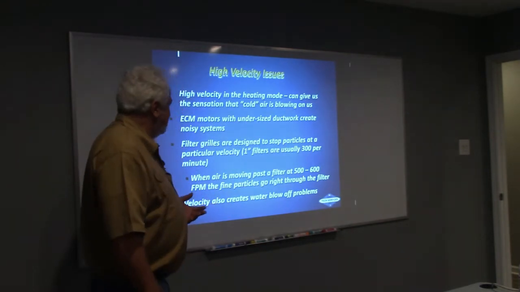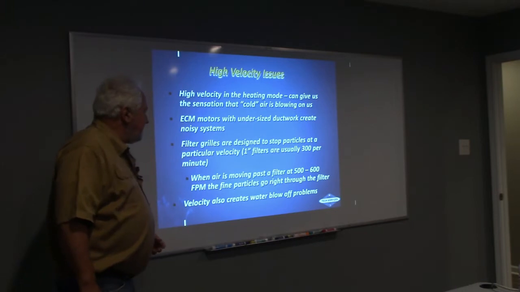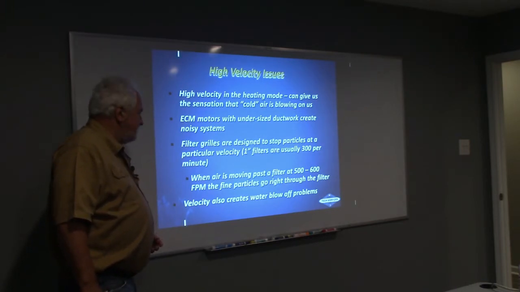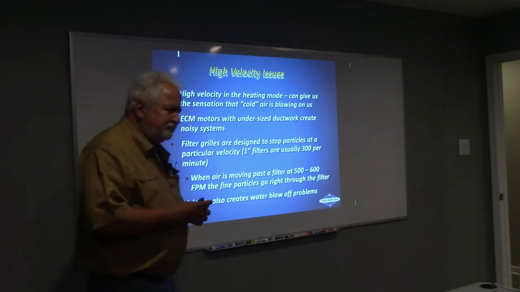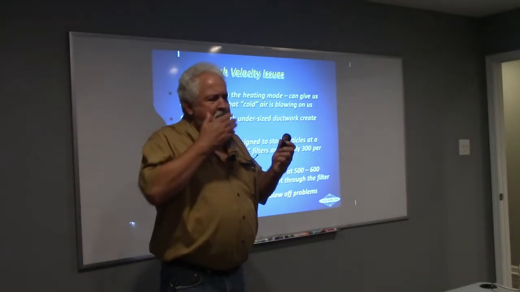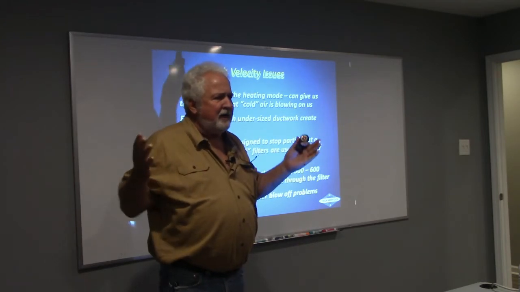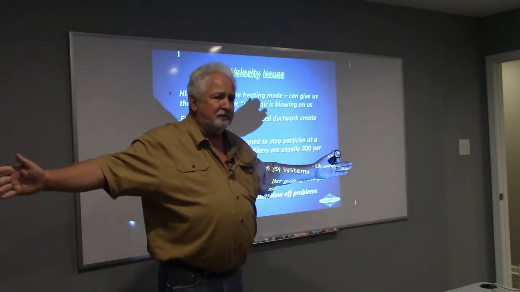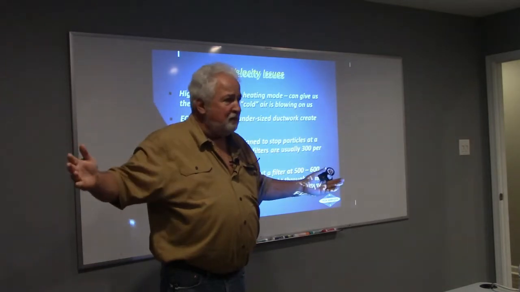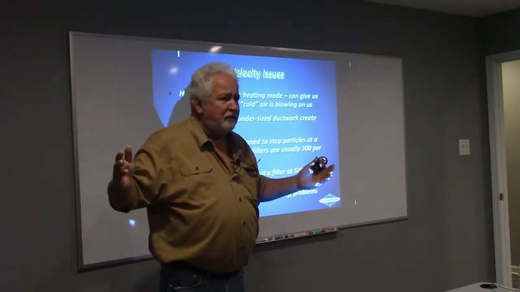Yes? Cool. Filter grills. They're designed to stop particles at about 300 feet per minute. Well, let's stop and think about that. We talked about these filter grills, and we've told you guys in the past that you got to go with bigger and bigger filter grills. The old style we used to do can't work anymore.